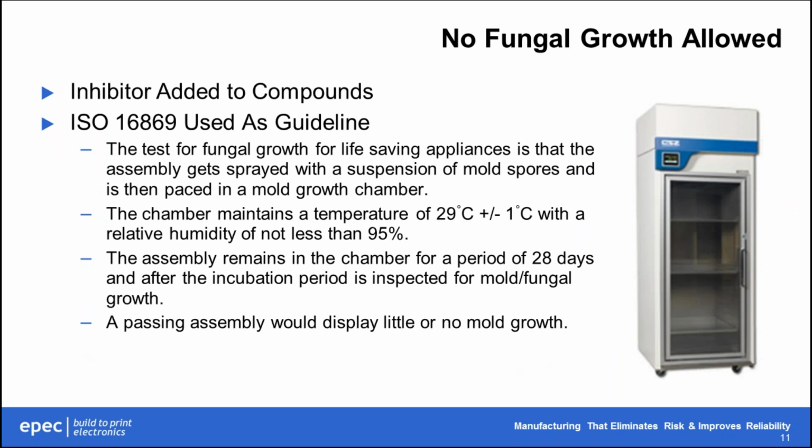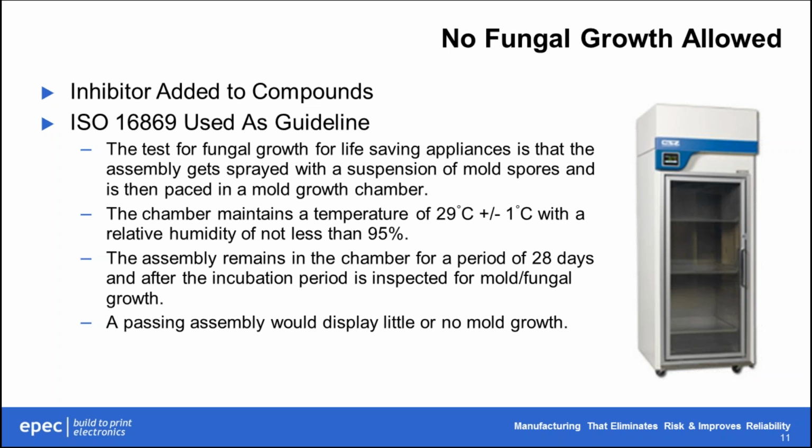To establish testing parameters and pass-fail criteria, we use ISO 16869 as a guideline to arrive at our test plan. Our test plan consists of spraying the entire assembly with a suspension of mold spores, and then placing the entire assembly in a mold growth chamber.